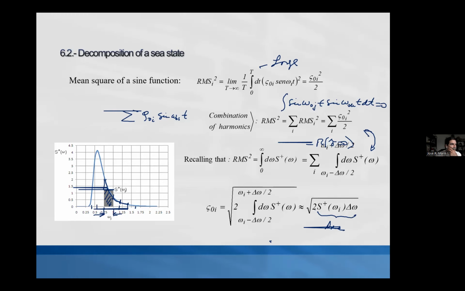Any guess? How many harmonics do you think we can take to divide this spectral density in order to make a simulation? How many would you take, people? 12 harmonics. How many? 12.